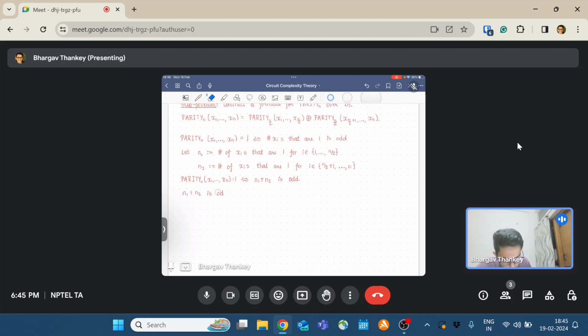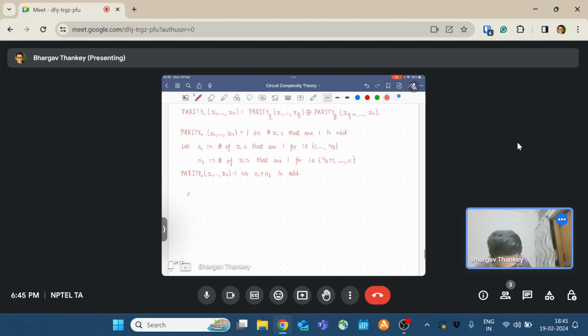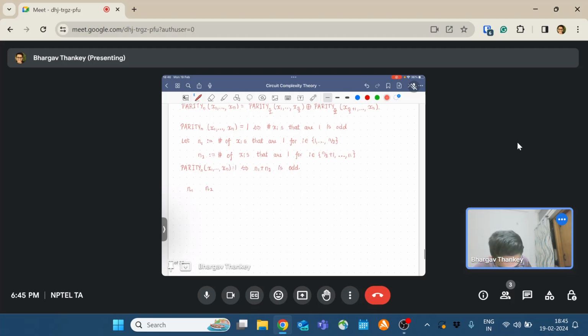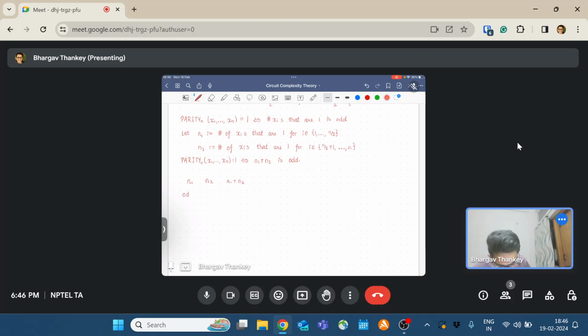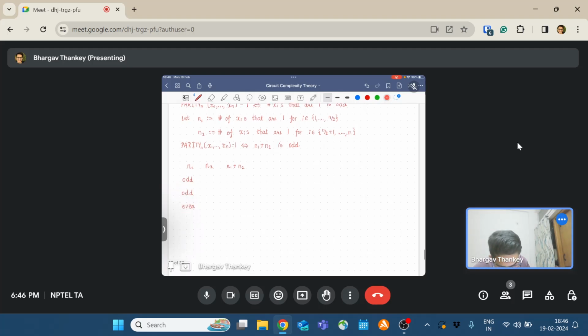Okay, let me draw a table that will be much easier. So there are two options for each of n1 and n2, right? Odd or even. Okay, so when both are odd, n1 plus n2 is even, right?